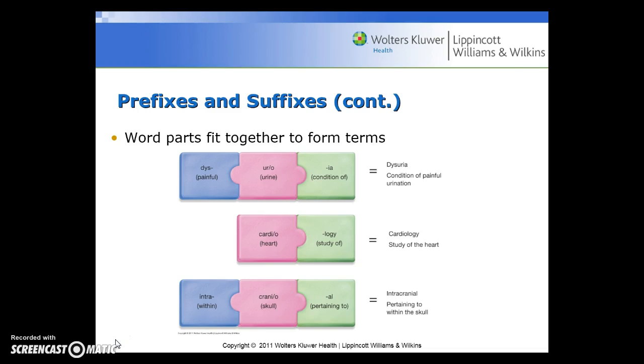Here we have cardio, the root for heart with the combining vowel, with logy, the study of, so we have cardiology, the study of the heart. Again, we have intra, the prefix for within, crani or cranio with the combining vowel for skull, and al for pertaining to, so intracranial is pertaining to within the skull.